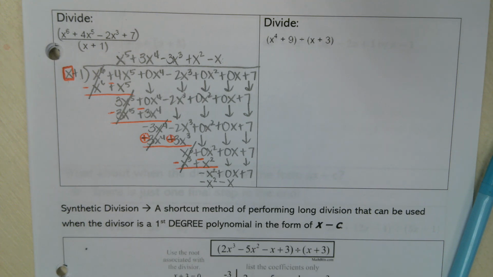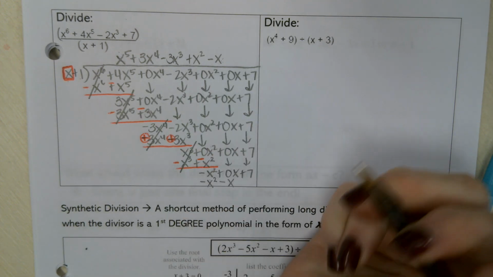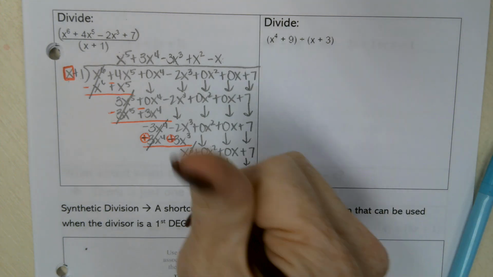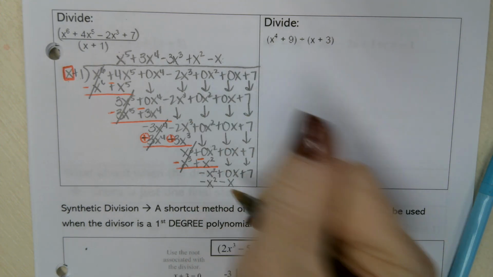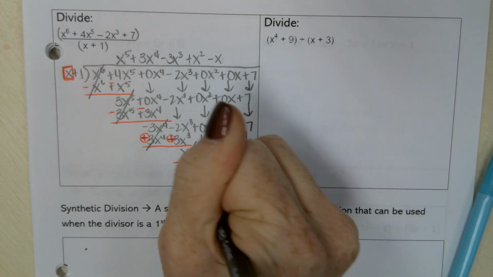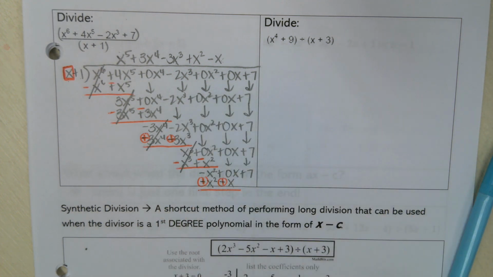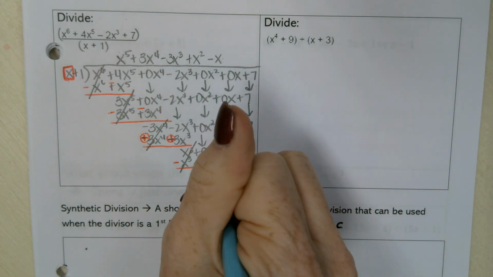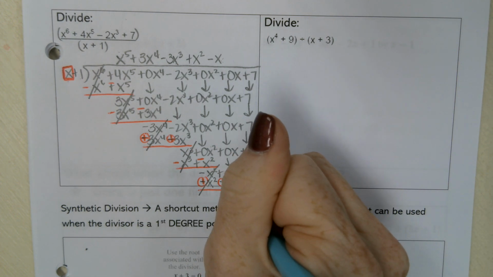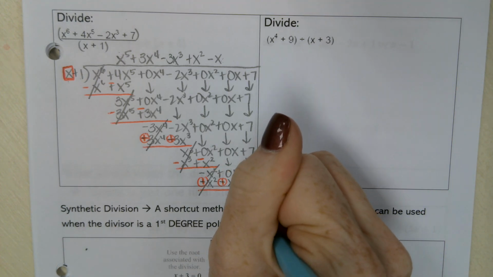It's just a lot of steps. All right, now I'm coming through and I'm subtracting. So what happens when I subtract negatives? They both turn positive. So the x squareds cancel. I have 1x plus 7.